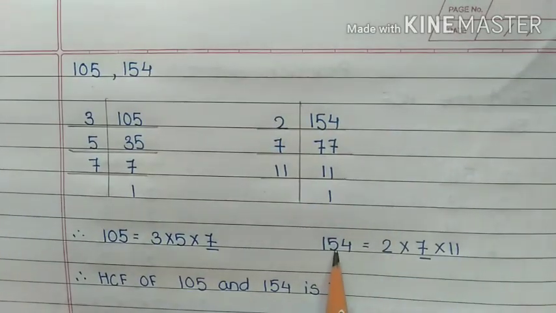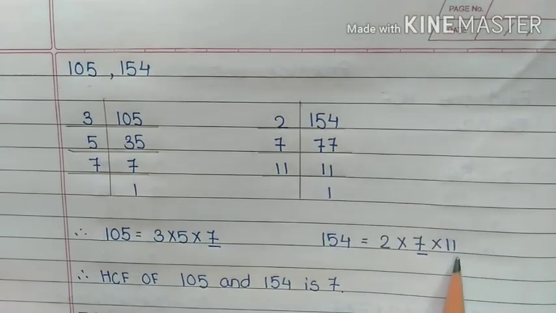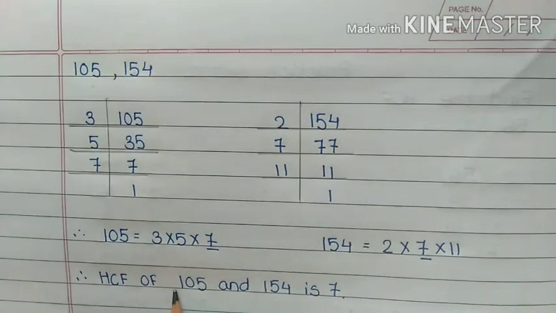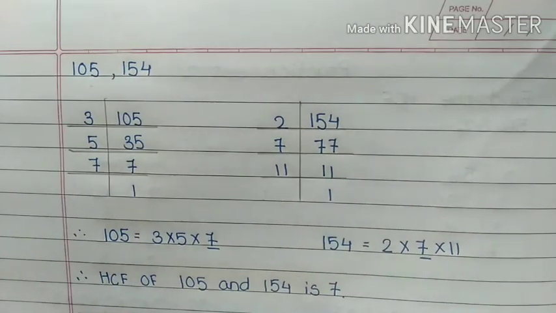So 154 is equal to 2 into 7 into 11. Underline the common. We find only 7 is common. So the HCF of 105 and 154 is 7.